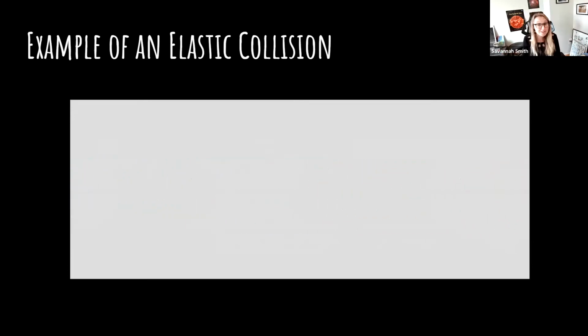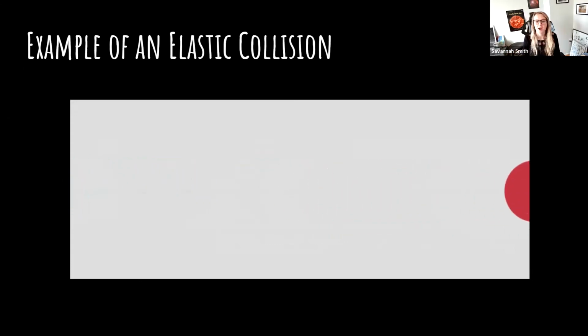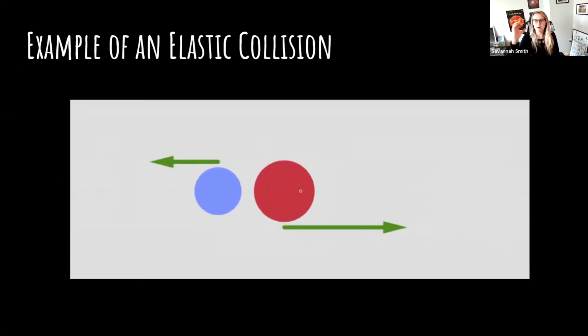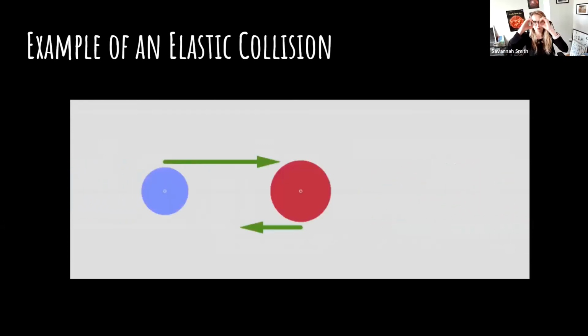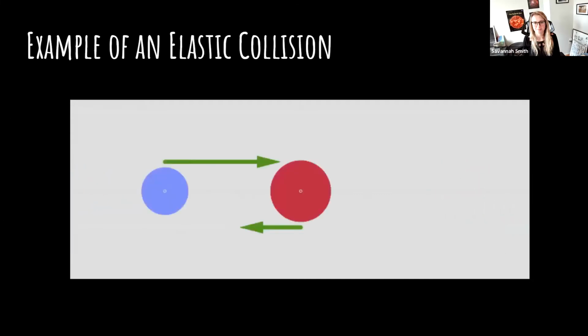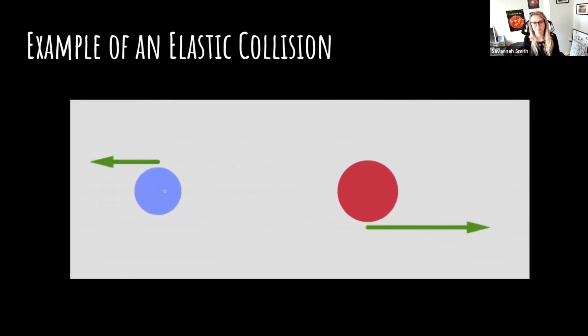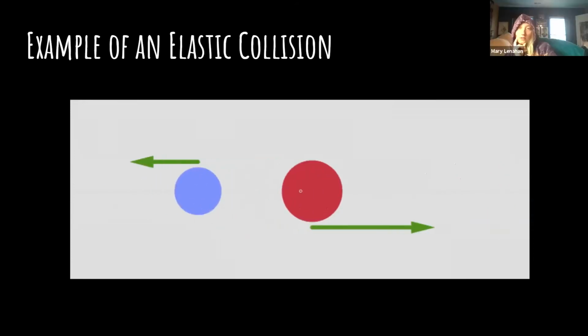Now we could also say, as a little asterisk right here, if I were to throw a ping pong ball at an equal sized round rock, what would happen? The ping pong ball would go flying. Okay, that's good.